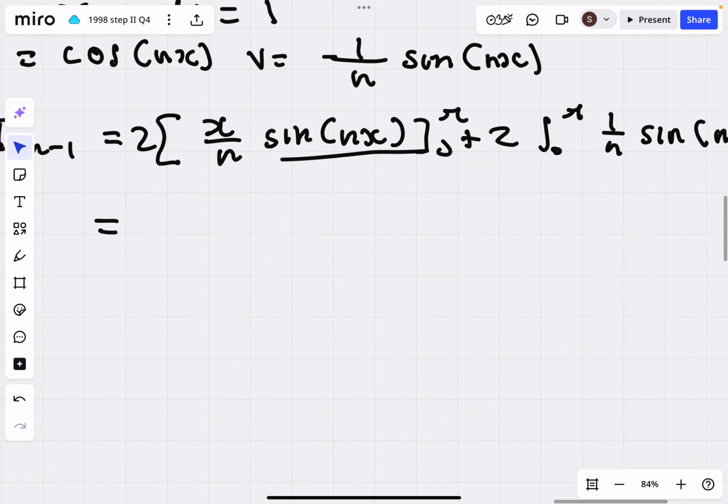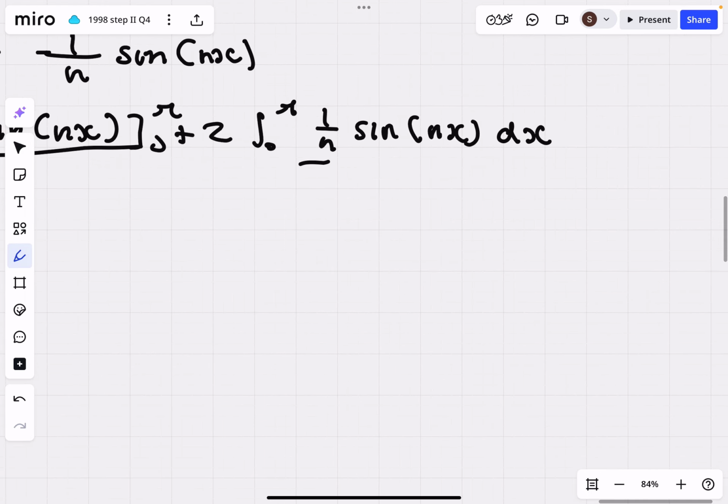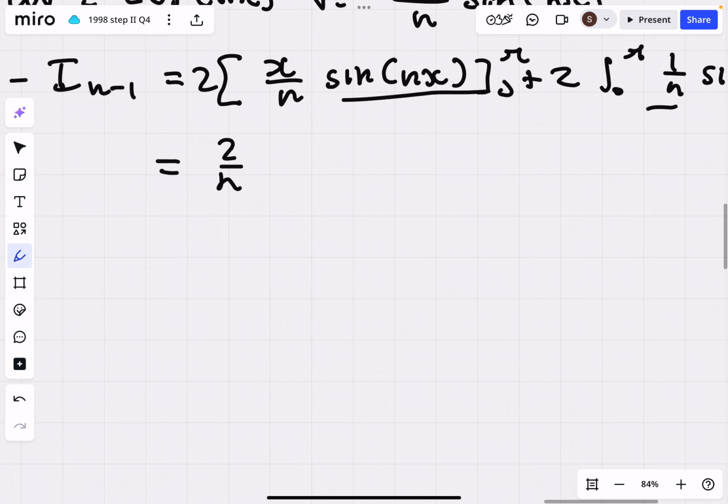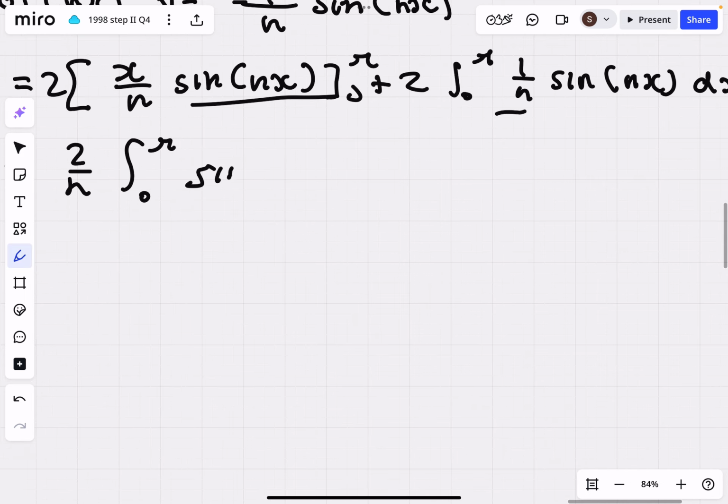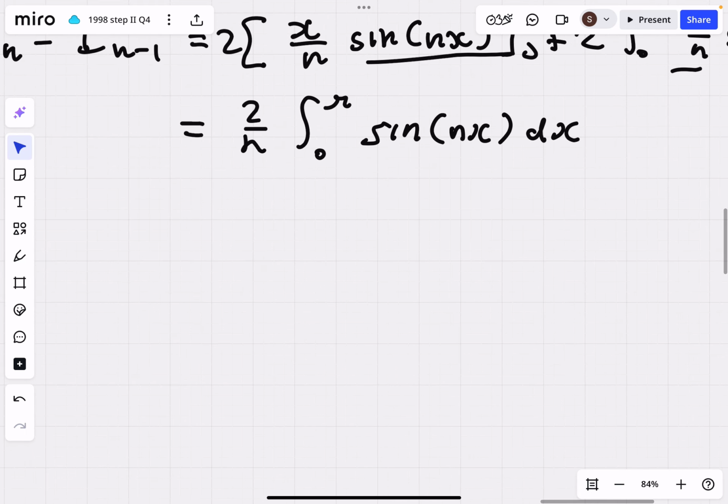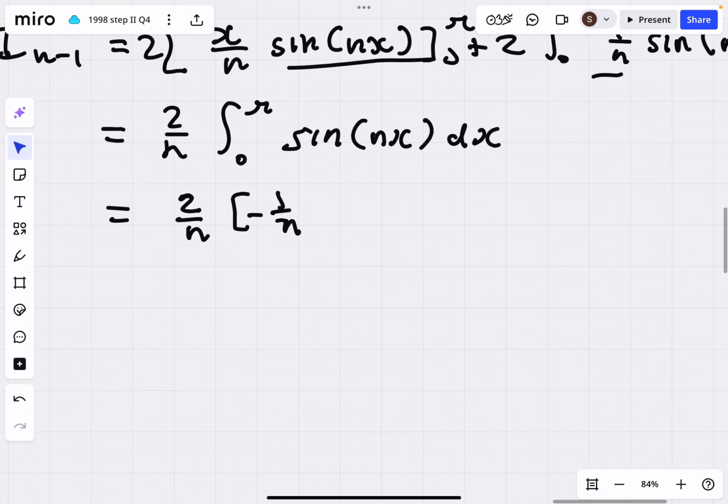And then let's take out the 1 over n here. 2 over n multiplied by the integral from 0 to pi of sine nx dx. Let's evaluate the limits. So 2 over n minus 1 over n cos nx from 0 to pi.